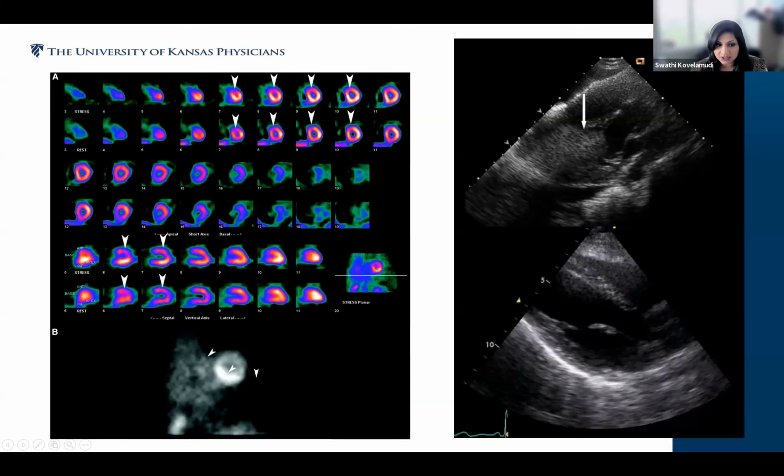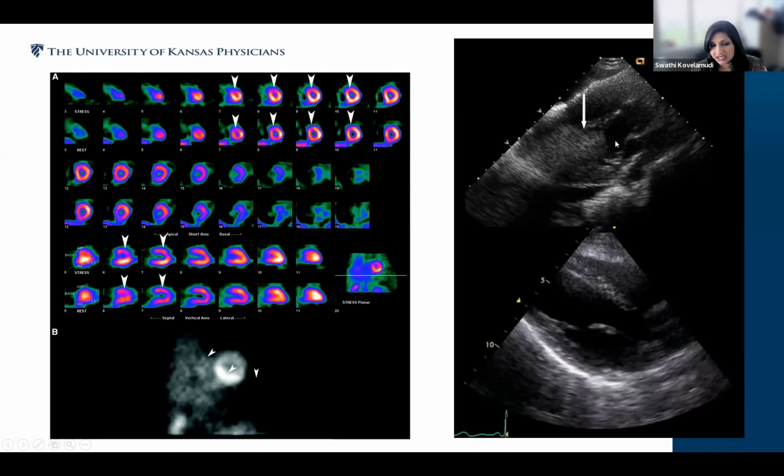When we take pictures, we are trying to see how bright the heart appears at rest and at stress. Sometimes, because of this breast shadow, it can appear like there's a falsely decreased uptake in one part of the heart. That can be considered a reversible defect in stress testing, but that is a false positive test because this decrease in uptake is only perceived by the camera because of the presence of breast shadow.